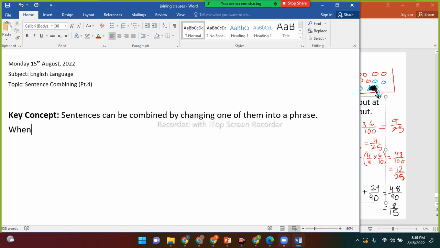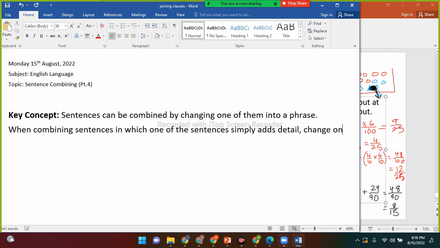So when combining sentences in which one of the sentences simply adds detail, change one of the sentences into a phrase.